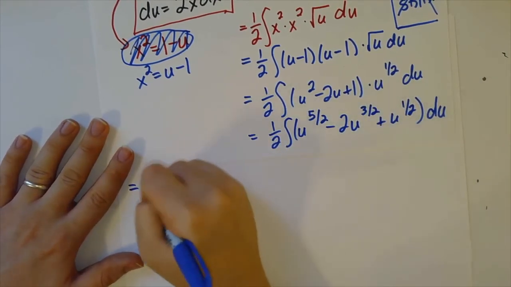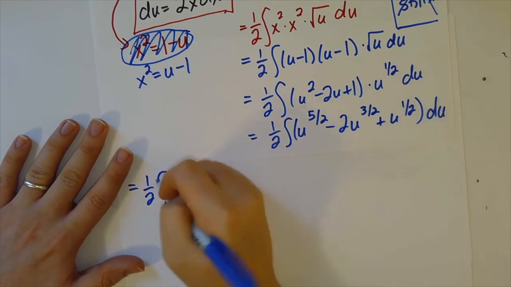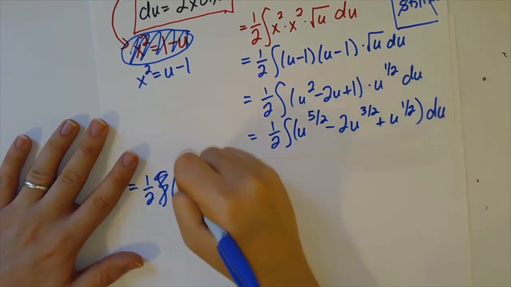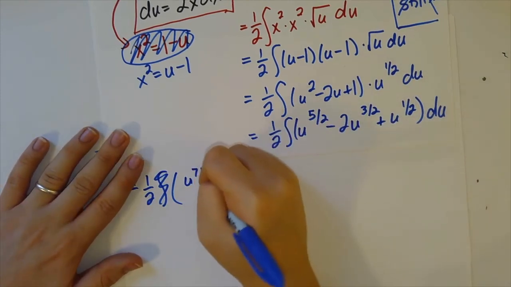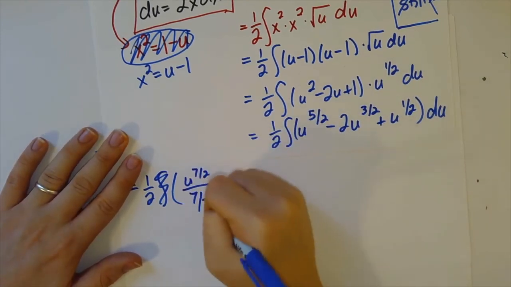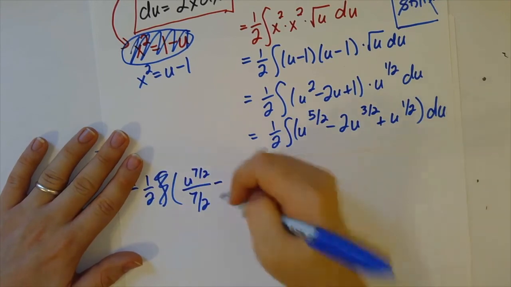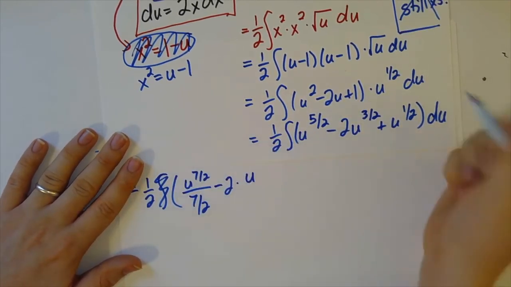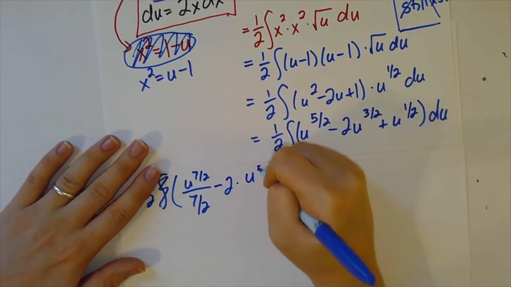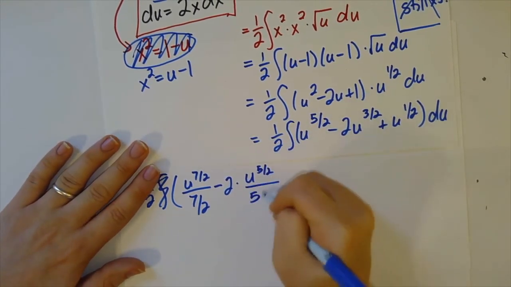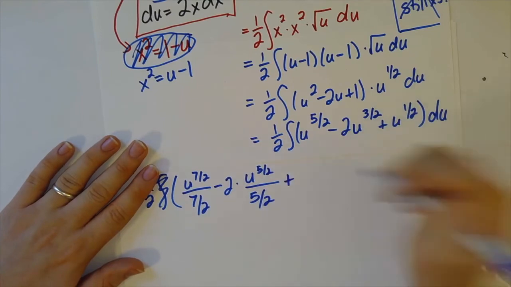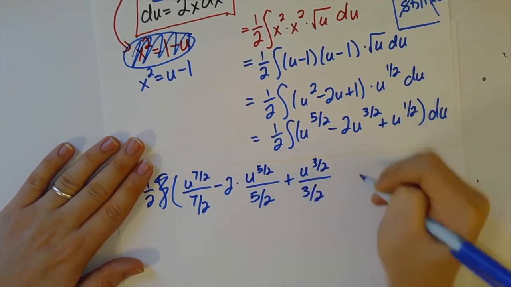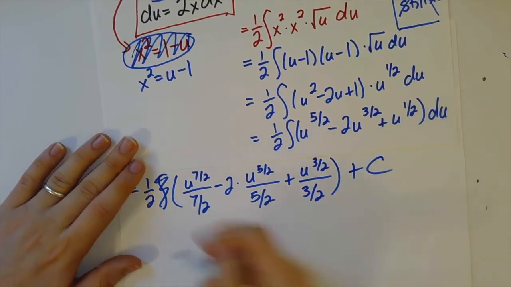So this is 1/2 times, and now I'm actually going to do the integral as I promised. u to the 7/2 over 7/2 minus 2 times u to the 5/2 over 5/2 plus u to the 3/2 over 3/2 plus c.